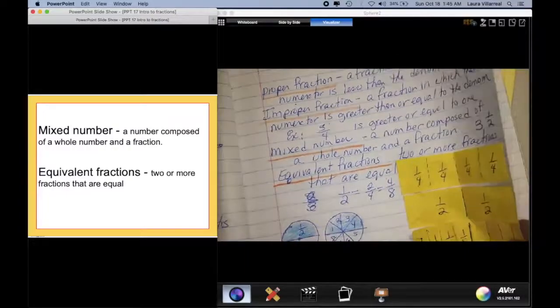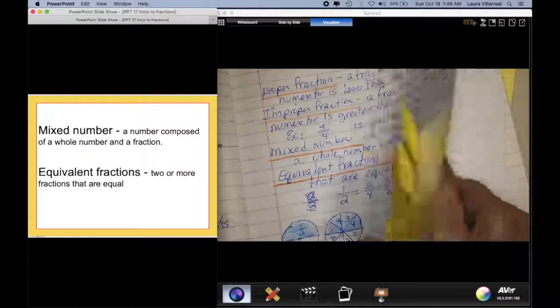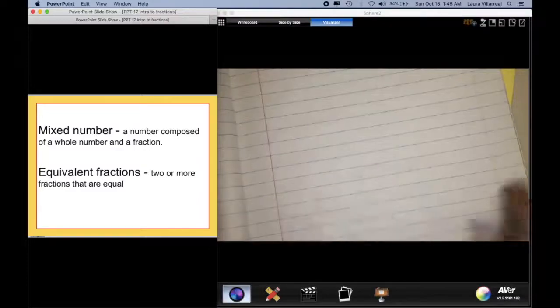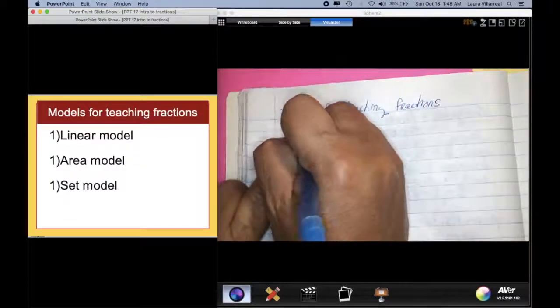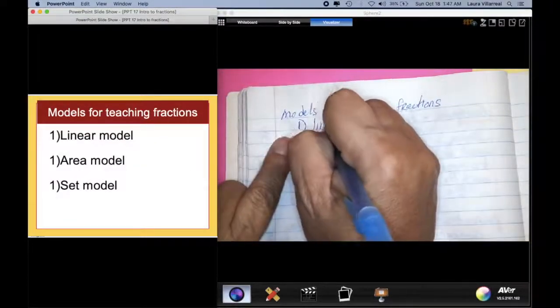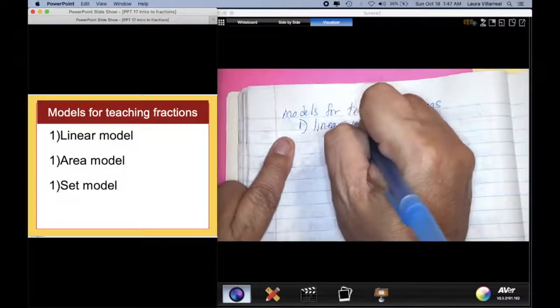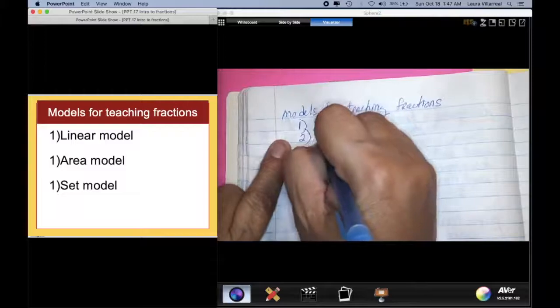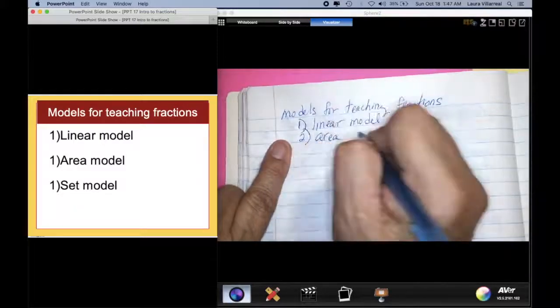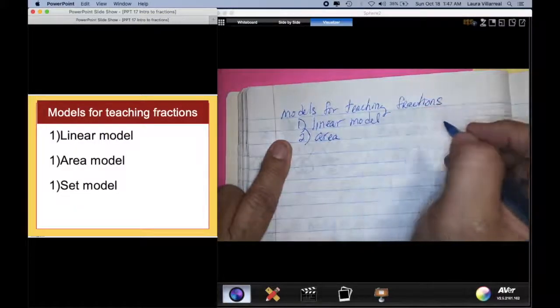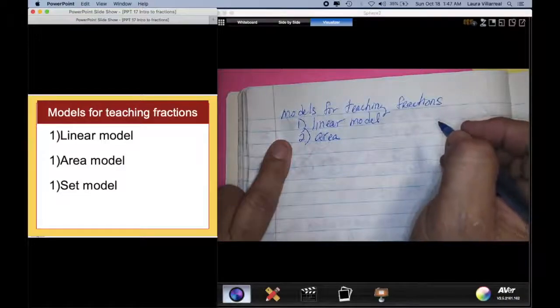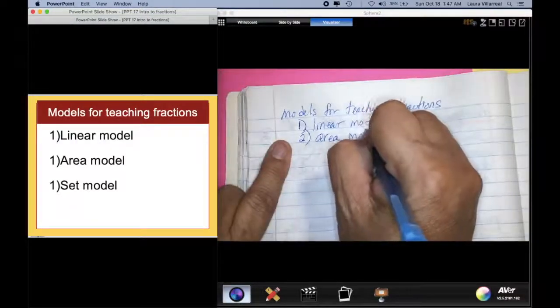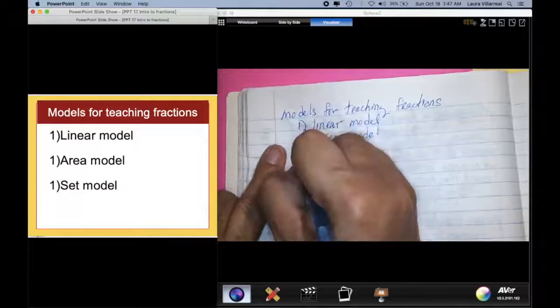Okay, since we have some of our basic definitions down, how do we teach fractions? We have the linear model, area model, and the set model.